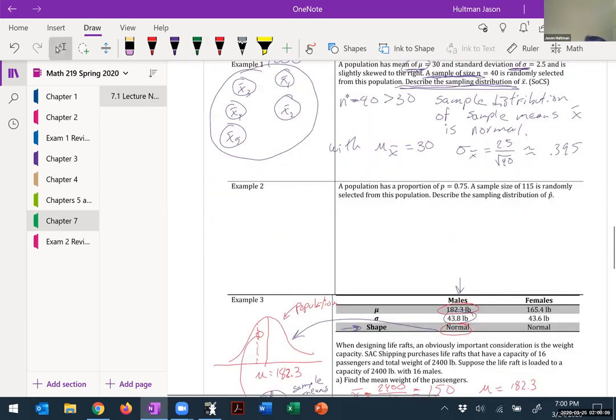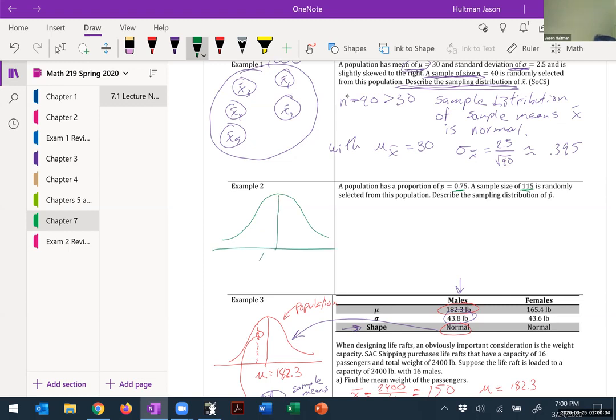Okay, here a population has a proportion of 0.75 and a sample size of 115 is randomly selected from this population. Describe the sampling distribution of P hat. So what's the sampling distribution of P hat going to look like?